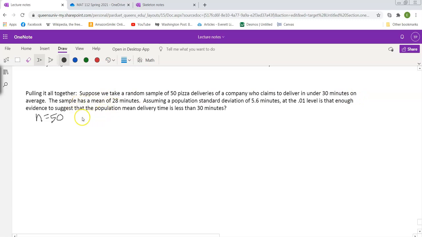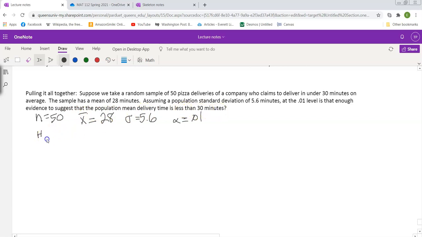The sample has a mean of 28 minutes, so X bar is 28 minutes, and assuming a population standard deviation, sigma, of 5.6 minutes, at the alpha equals 0.01 level, is that enough evidence to suggest that the population mean delivery time is less than 30 minutes?